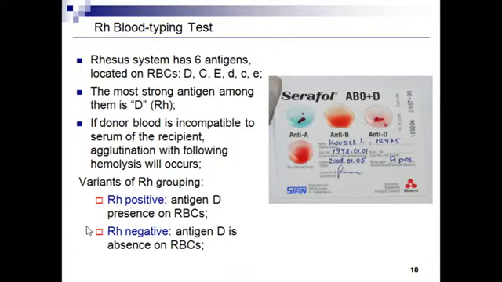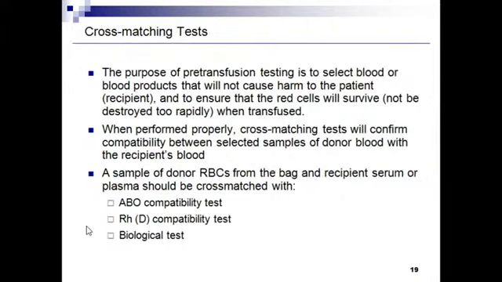You should combine erythrocytes with anti-D monoclonal antibody. RH positive, antigen D presence on RBCs, clumping of erythrocytes present, and RH negative, antigen D is absent on RBCs, so agglutination is absent, clumping of erythrocytes absent, and reagents will be lucid, transparent.